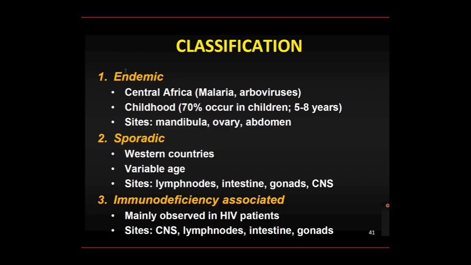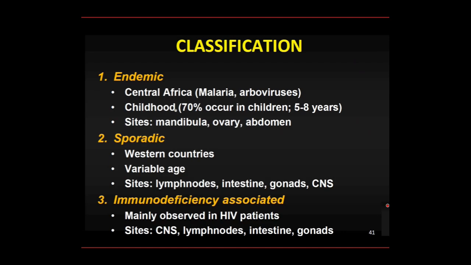The first is the endemic, the common one, the one that we find in Central Africa, affecting children, 70% of course in children below the age of 10, usually around 5 to 8. The sites are often mandibular, but then also gonads and abdomen. Why mandibular?